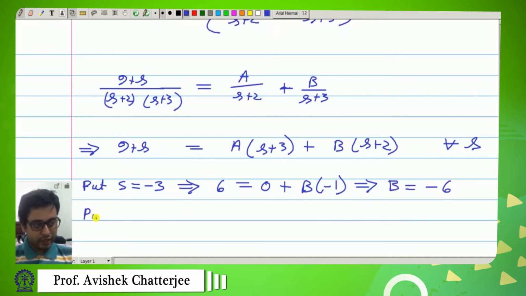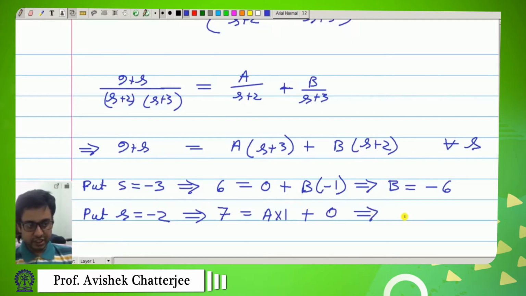In the same way, if we put s equal to minus 2, then 9 minus 2 is 7. Here a multiplied with 3 minus 2 is 1 plus this will be 0. From this we can write a equal to 7.